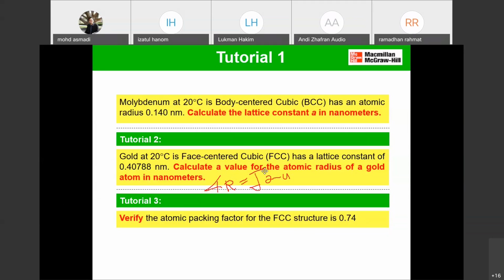Please find R. Anyone? Anyone can post in the Padlet? What is the answer?